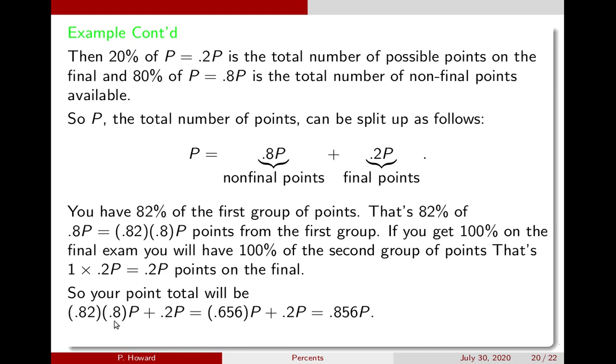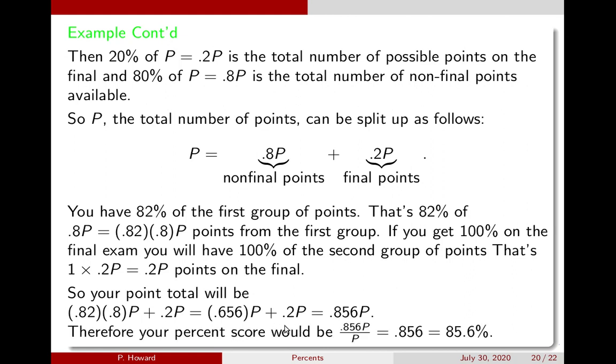Multiplying 0.82 by 0.8 gave me 0.656. Times P, we're adding that to 0.2P, so 0.856P is your total number of points in the course, assuming that you get 100% on the final.